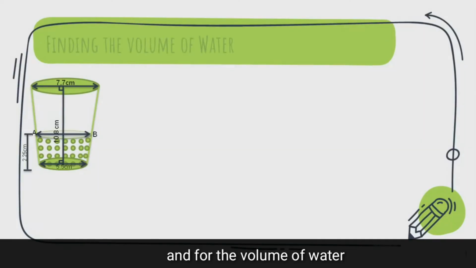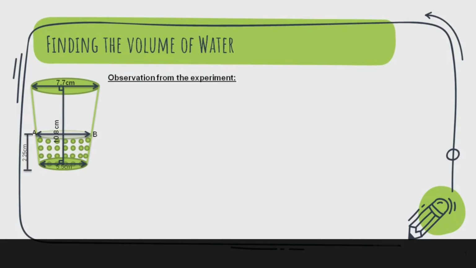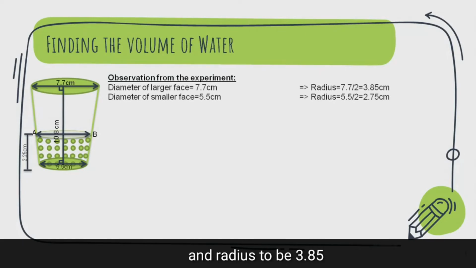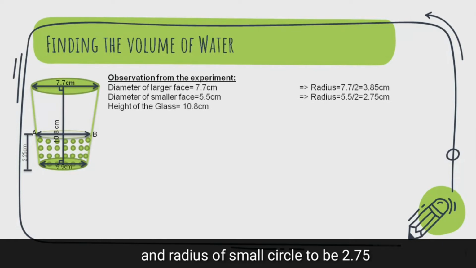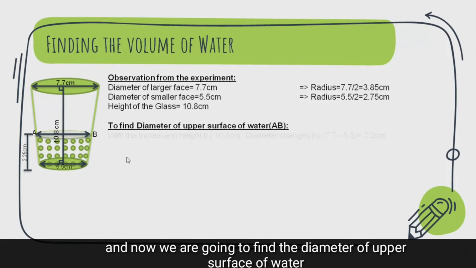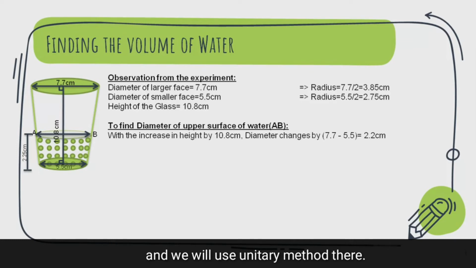And for the volume of water, we again have the diameter of the large circle to be 7.7 and radius to be 3.85 and the radius of the small circle to be 2.75 and height to be 10.8, and the height of water is 2.25 cm. And now we are going to find the diameter of the upper surface of water, and we will use the unitary method here.